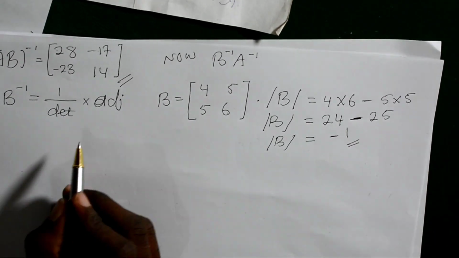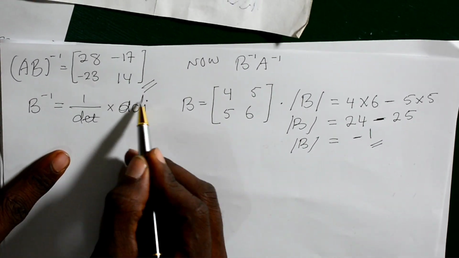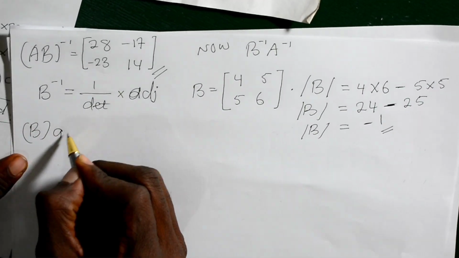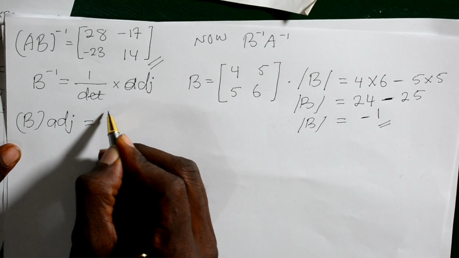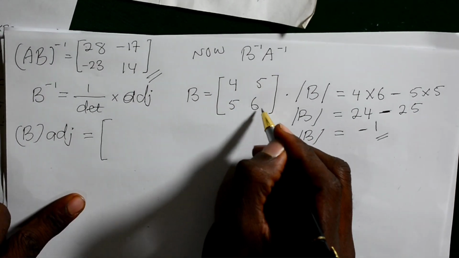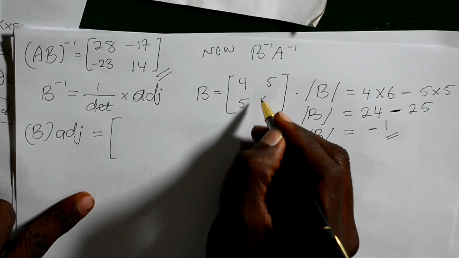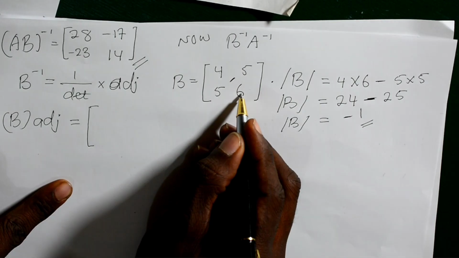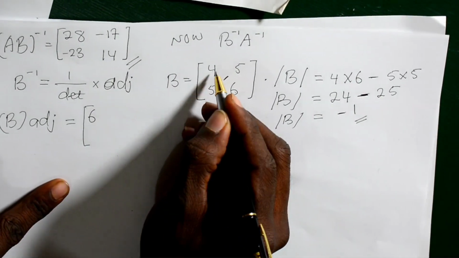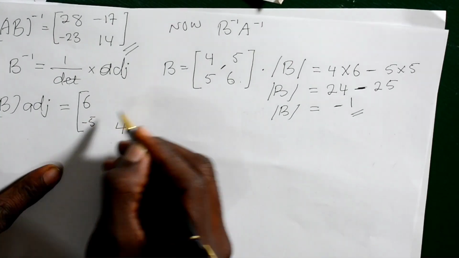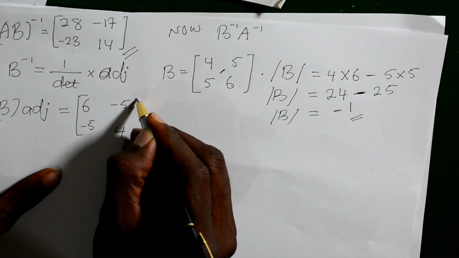So now we are going to find the adjoint of B. B adjoint will be equal to change and negation of this matrix. 4 will change to the position of 6 and we negate 5 and 5. 6 and 4, then minus 5, minus 5.